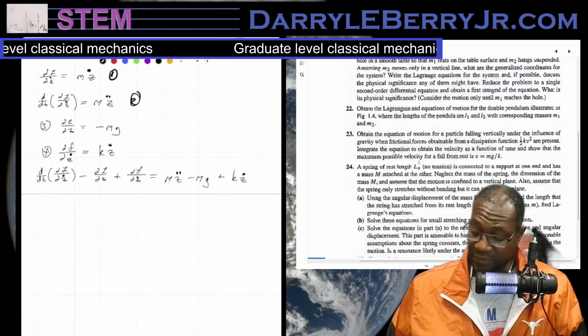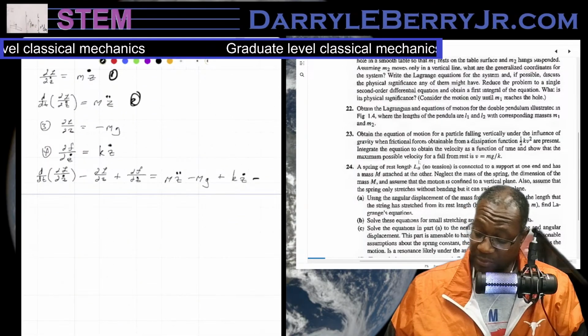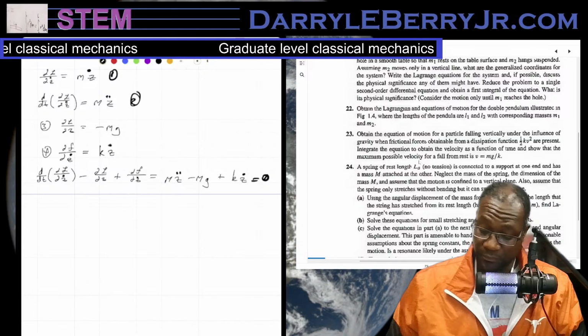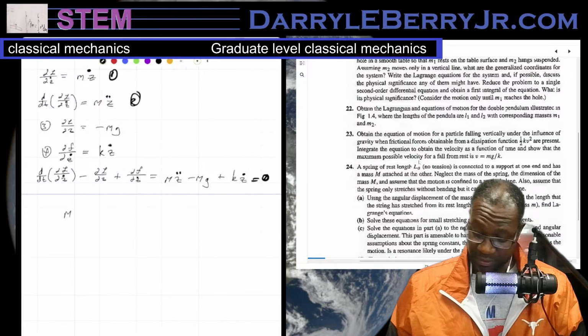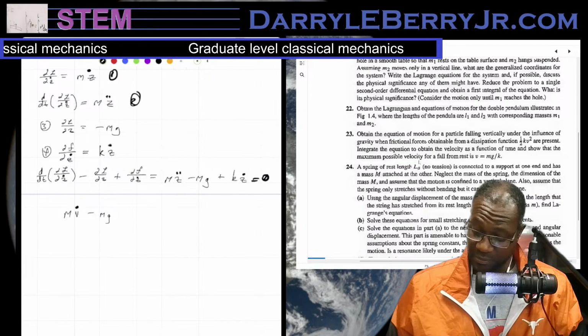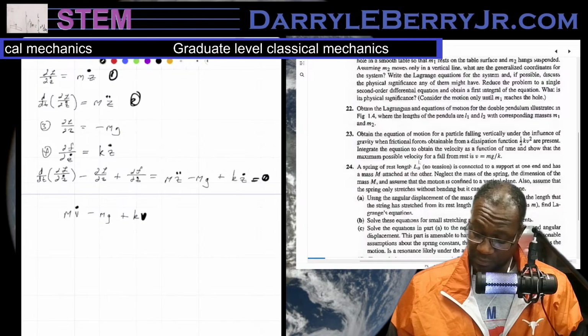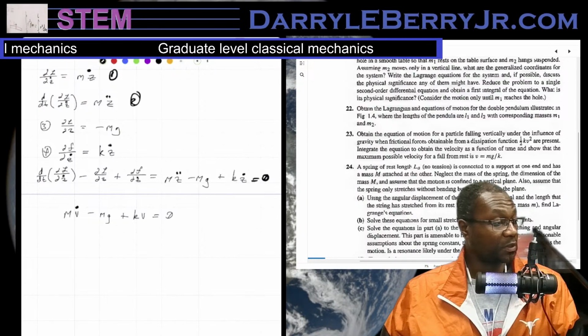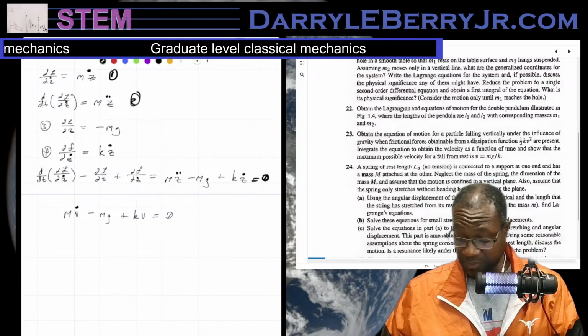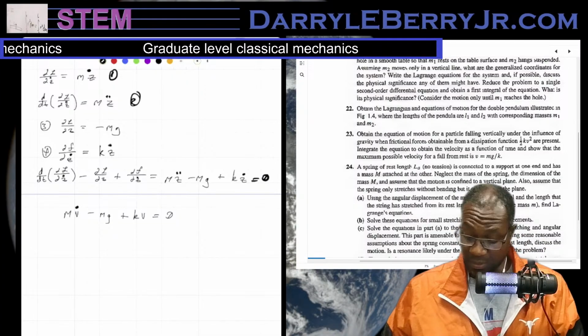So the answer needs to be in v, so I'm going to put it in terms of v. So this is m v dot minus mg plus kv equals 0.